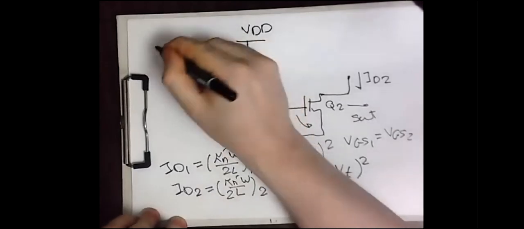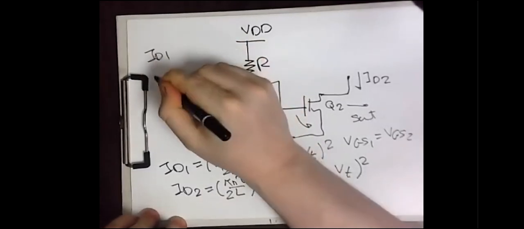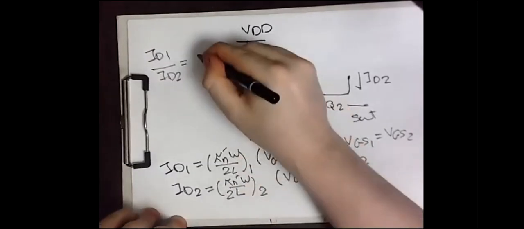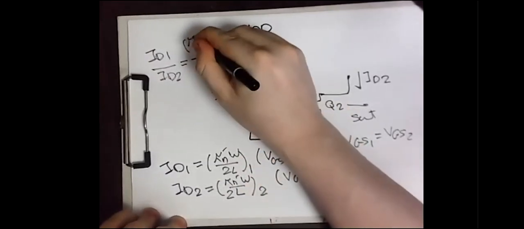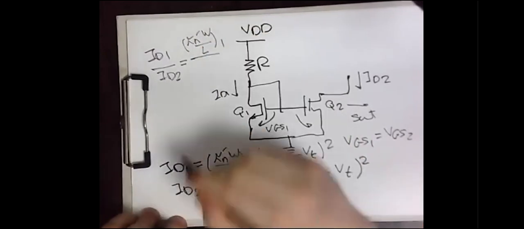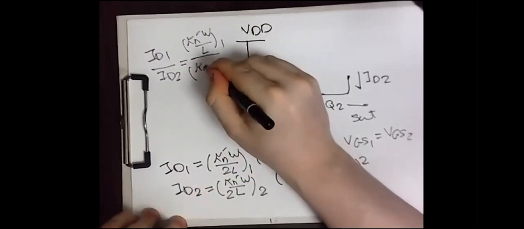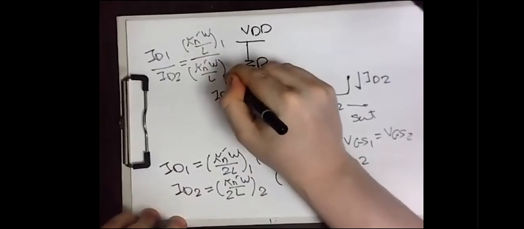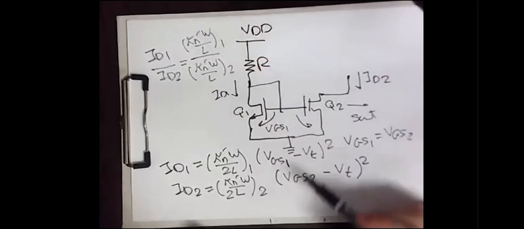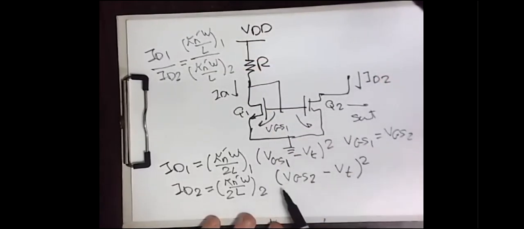So you can say that ID1 over ID2 is equal to Kn dash W over L for transistor number 1 over Kn dash W over L for transistor number 2, because you can simply cancel this bracket with that bracket.